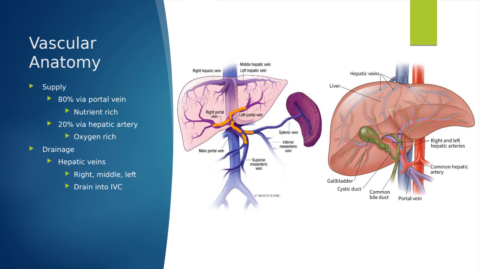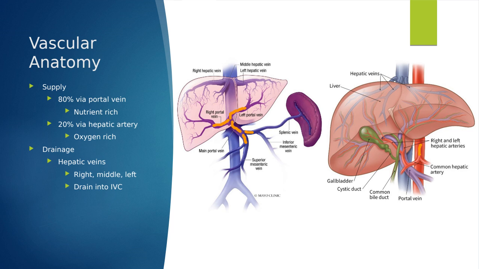Now, the hepatic artery, if we look at the picture on the right-hand side. The rest of the blood flow to the liver is going to come from basically the aorta. It's going to come from an artery. So we have our aorta, and we have our celiac axis here, which is the branch off our aorta.